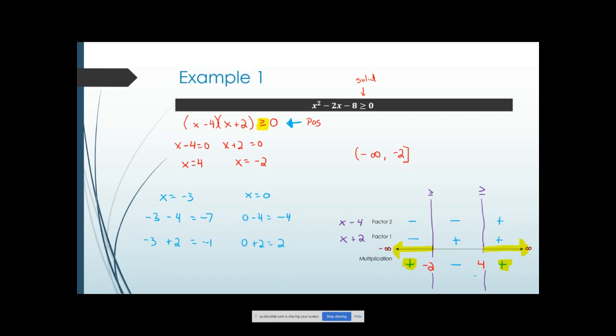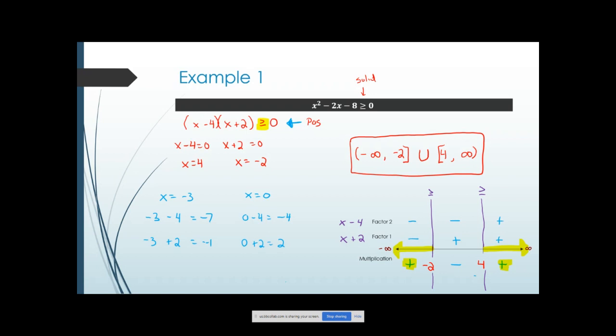Then because I have a gap, I have to combine that with the right side, which starts at 4, and it's also including 4 because of the greater than or equal to. And then that goes to positive infinity, which has a parenthesis. And so that's how you know what your answer is.